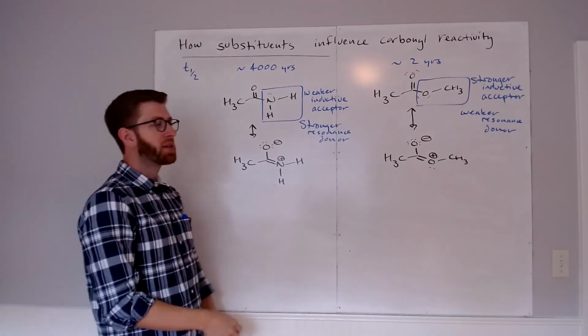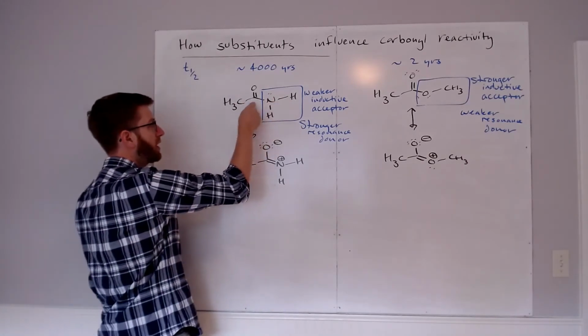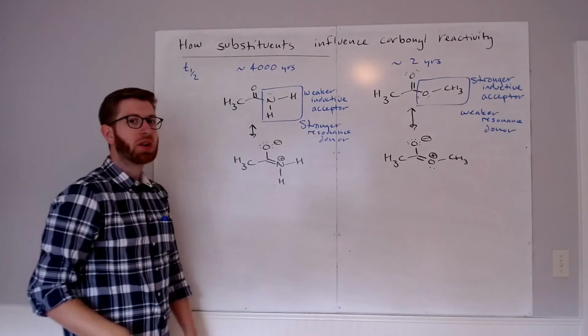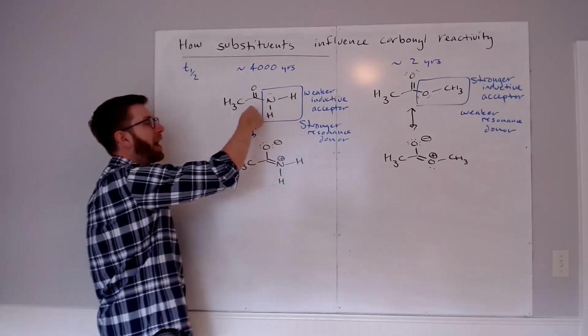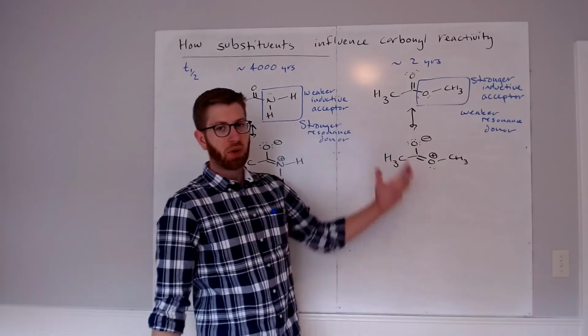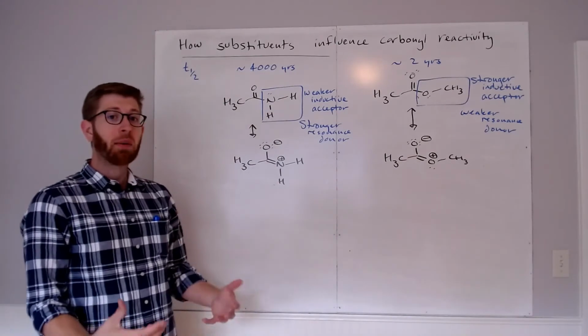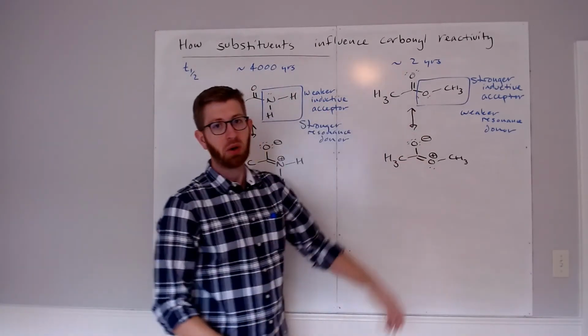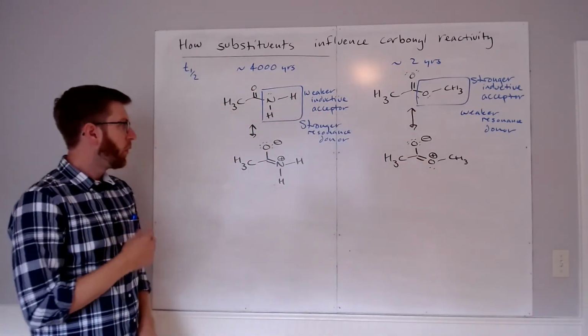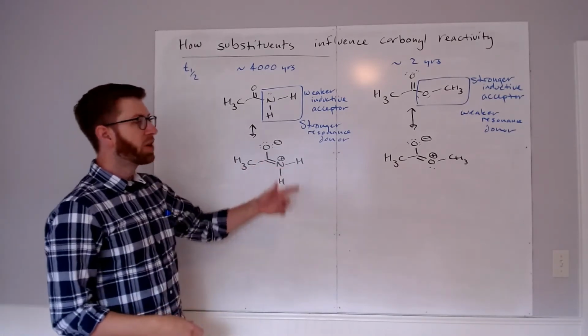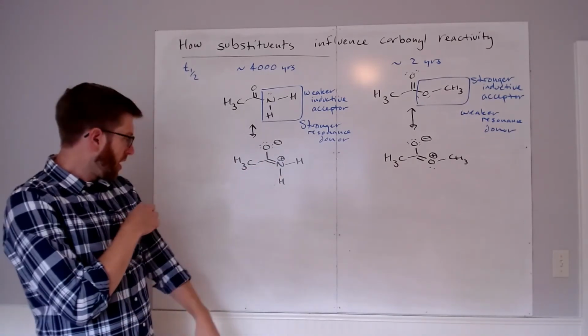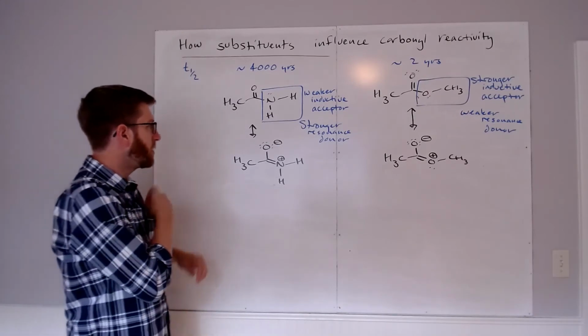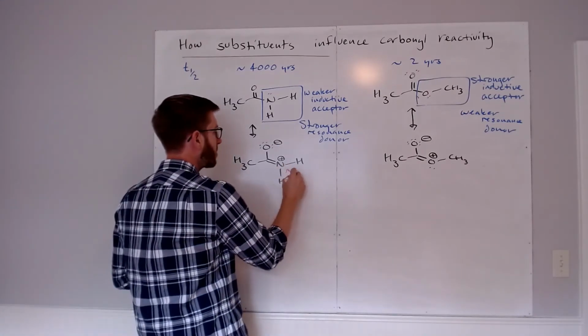So not only is it the case that I'm removing less electron density from the carbonyl with my nitrogen, I'm also dumping more back by resonance than I am with oxygen. So both of those differences combined, that could lead up to a big difference in reactivity. Well, why would it be that the nitrogen is a stronger resonance donor? Let's look at the minor resonance structures, and we notice that this atom is becoming positively charged.